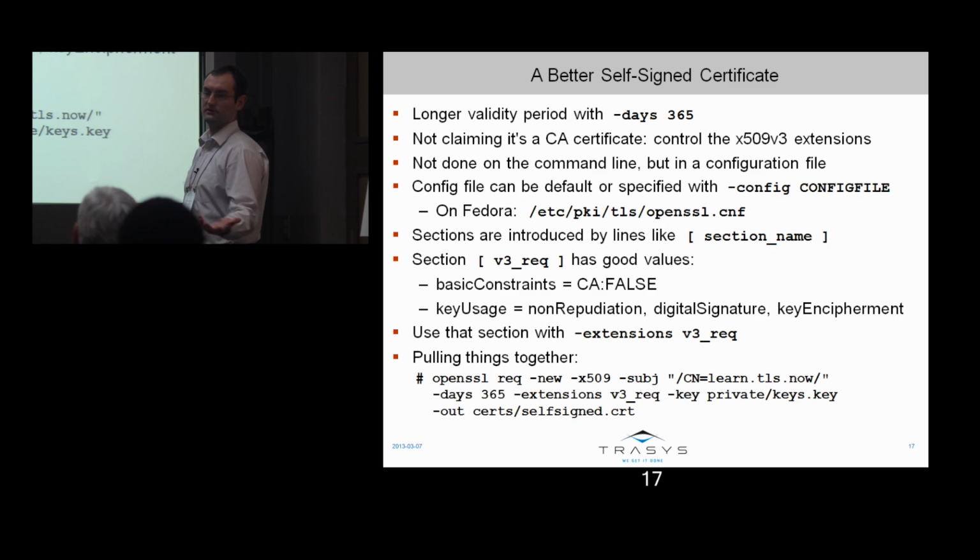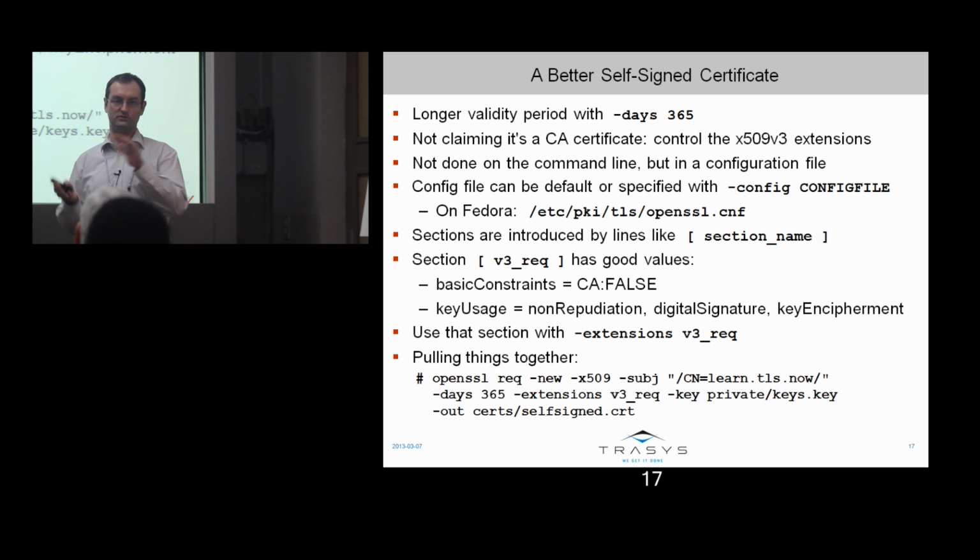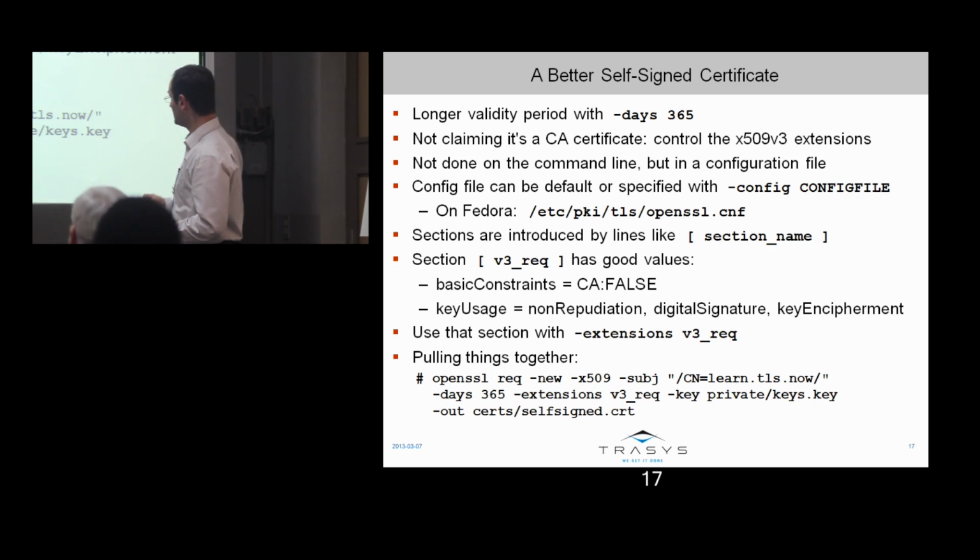And this gives me the opportunity to start explaining to you a little bit about what the OpenSSL config file looks like inside. It's got basically assignments, sometimes grouped in sections. From the beginning of the file until the first section header, you've got some global assignments.